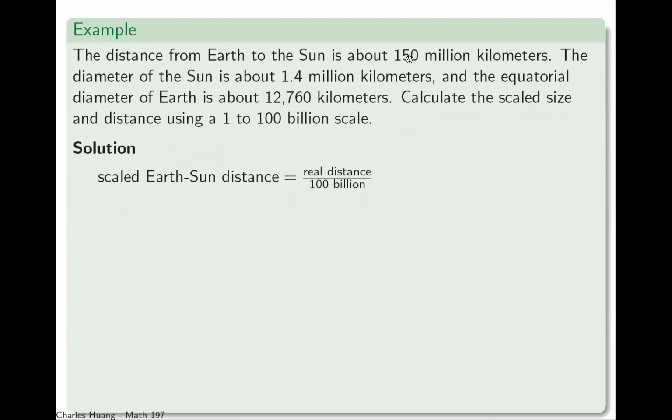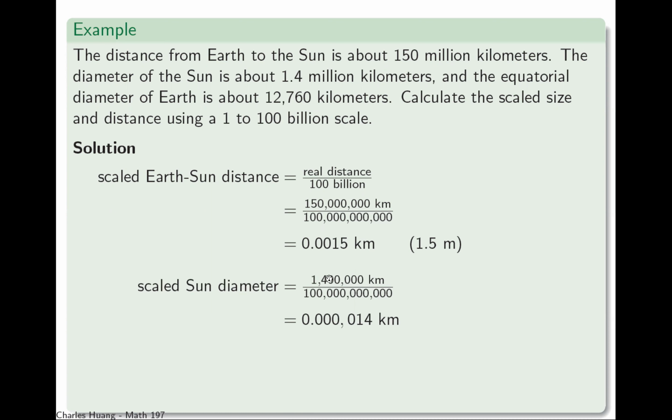I'll take each of these distances and divide it by 100 billion. 150 million kilometers divided by 100 billion is 0.0015 kilometers, or 1.5 meters.